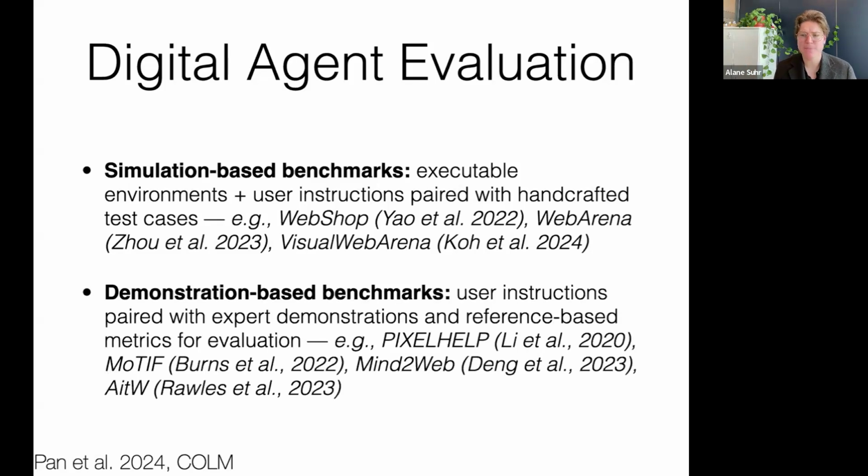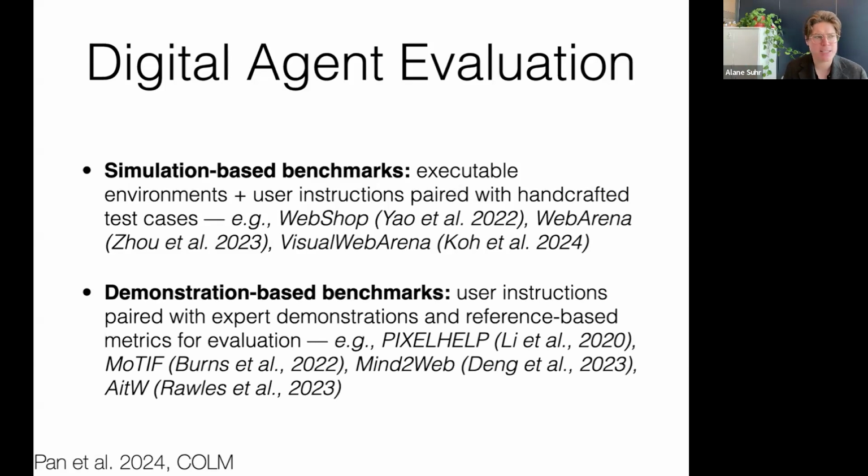We also have demonstration-based benchmarks where we have user instructions paired with human demonstrations of those instructions being followed. And we can use reference-based metrics to compare the human's demonstration to what the system actually did.